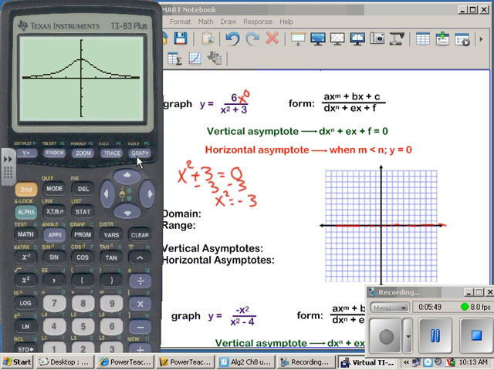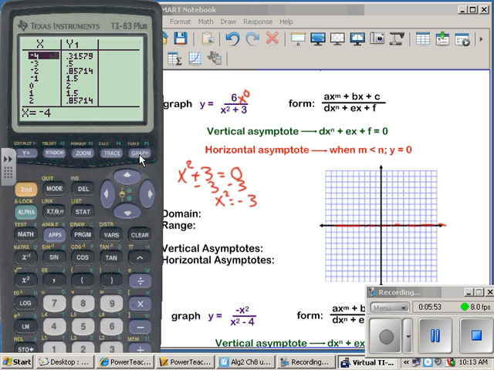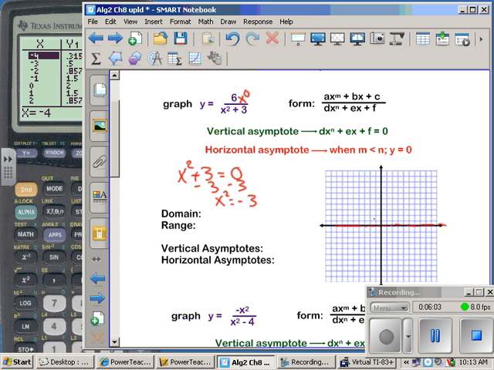To figure out how to graph that, I'm going to go to the table and pick some points. So -1 is at 1.5, 0 is at 2, 1 is at 1.5, 2 is at 8.5.